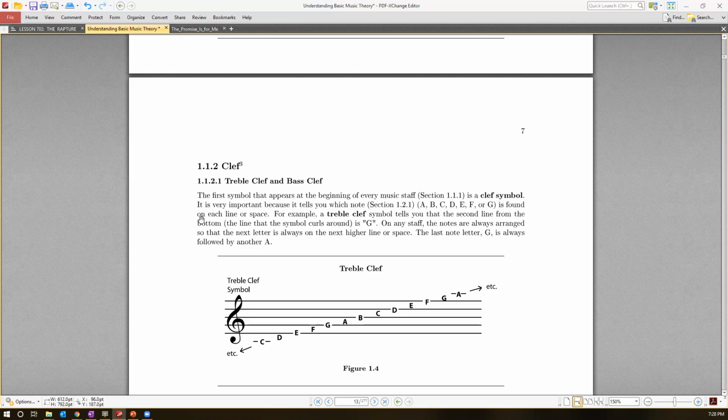It is very important because it tells you which note, A, B, C, D, E, F or G, is found on each line or space. For example, the treble clef symbol tells you that the second line from the bottom, remember we always count from the bottom, the line that the symbol curls around, is a G.